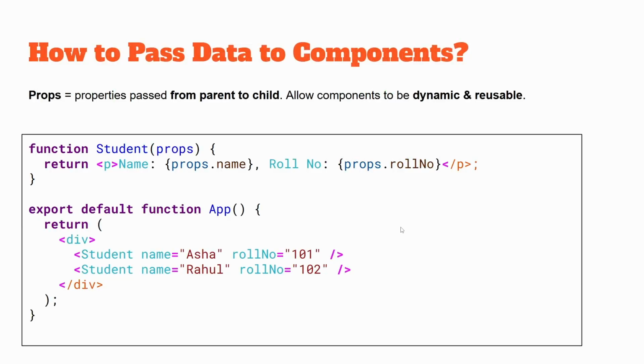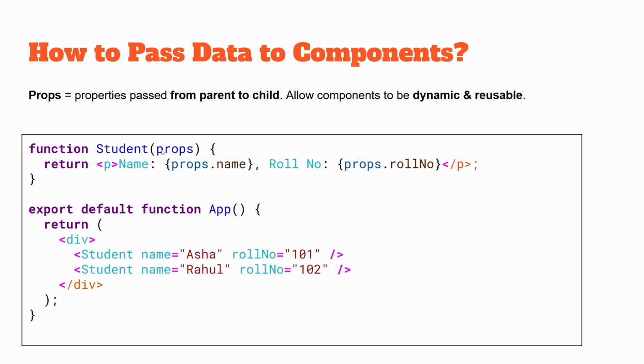Now, we can also send data to the component. It's not always that components have to be static. If the components are static, then it doesn't make much sense to reuse the component, because it will always look the same. For example, if the student component is always going to print the same thing, then the usability of the component is less. So what to do?